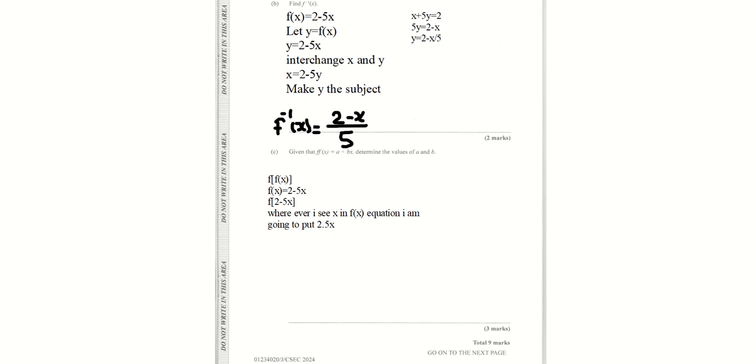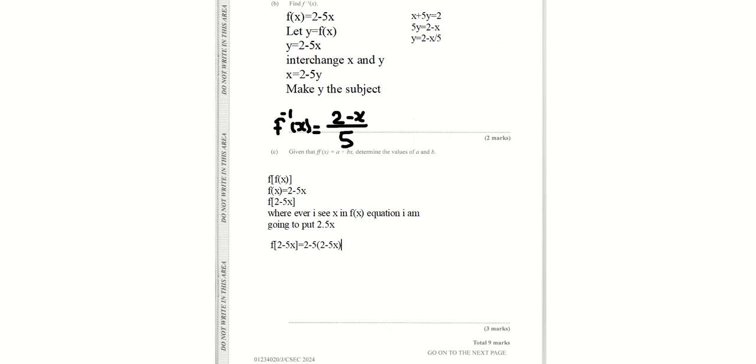So f of 2 minus 5x would be equal to 2 minus 5 by x, but instead of x, I'm going to put 2 minus 5x.